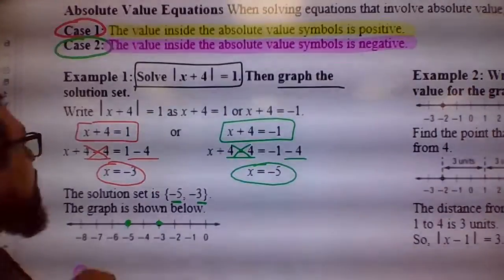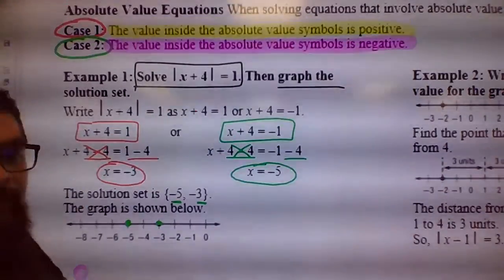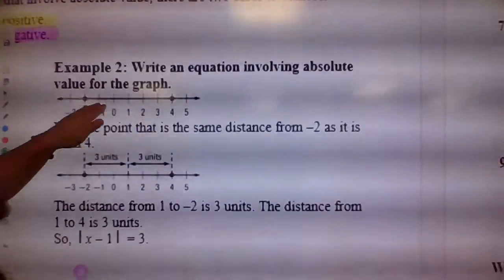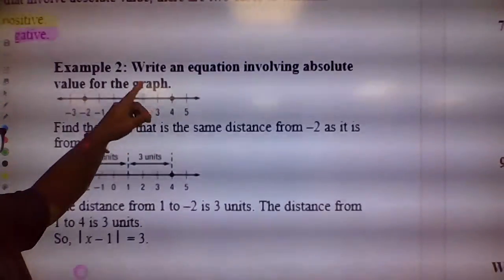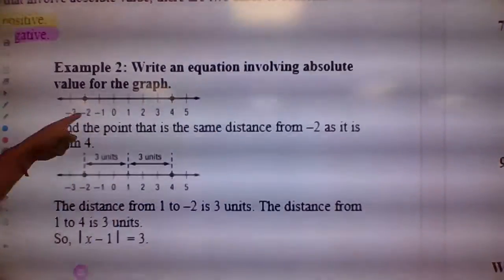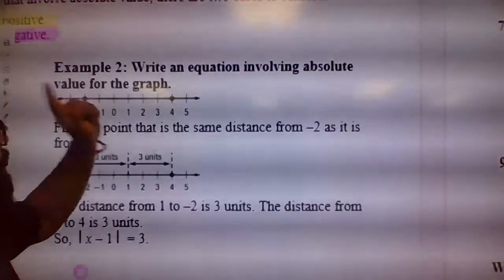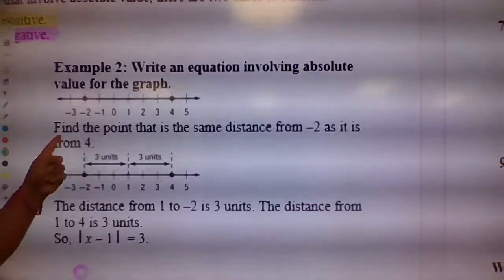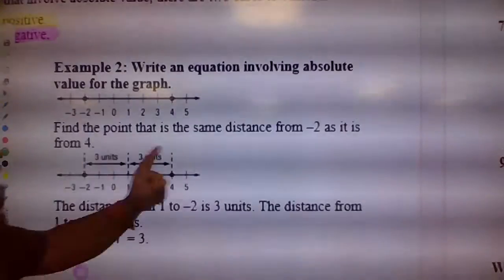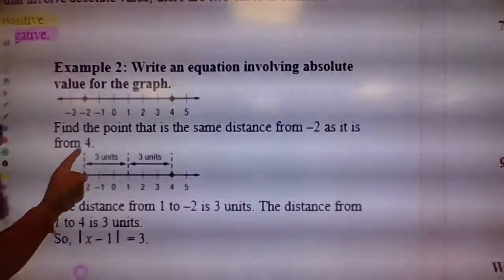Now let's go on to example 2. All right, so example number 2, they actually give you the graph already. So write an equation involving absolute value for the graph. So you have negative 2 and then you have 4. So find the point that is the same distance from negative 2 as it is from 4.